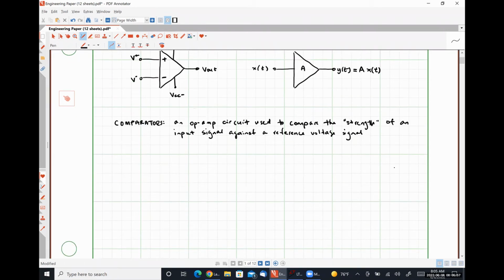There are two different types of comparators, and we will look at both applications.